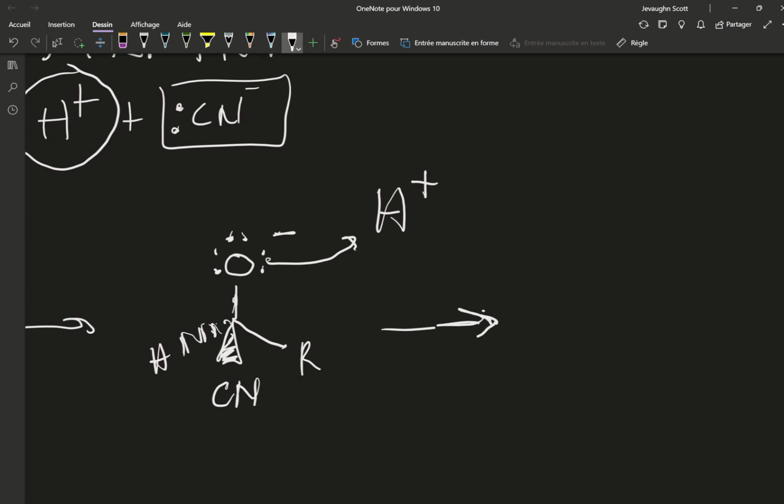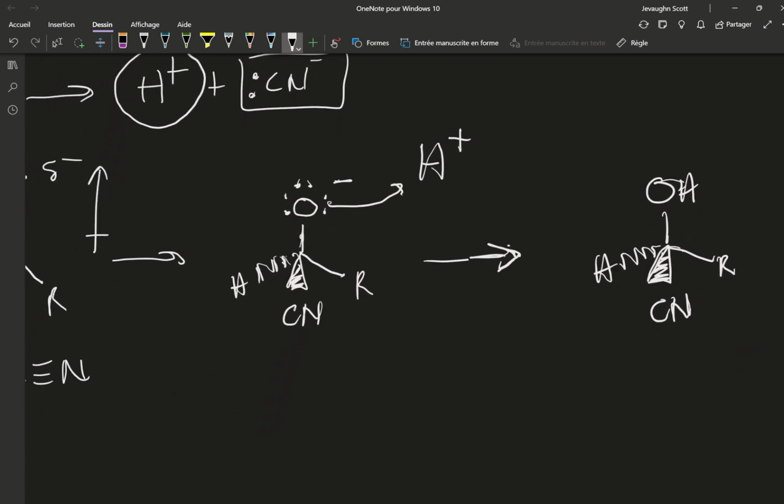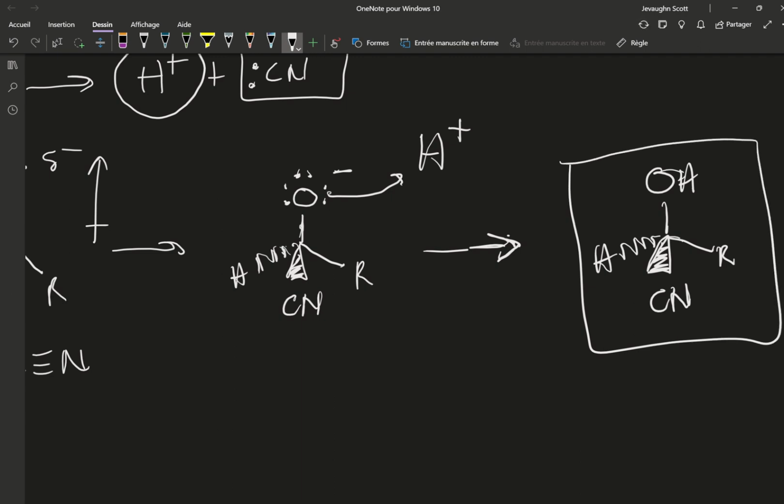Let me just draw back the general structure that I have here. Hashed lines going back for the hydrogen, our R group, our cyanide group down there, and an alcohol group up here. So this is the final product here.